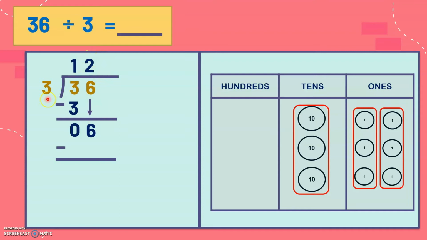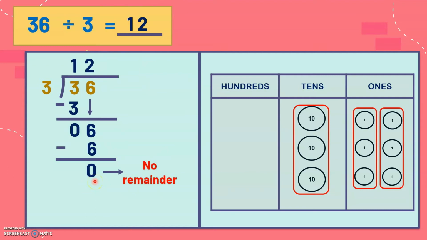So 2 times 3, the answer is 6. Then after that, 6 minus 6 is equal to 0. Now, my question is, do we still have to bring down another number? No. So, automatically, our answer will be 12. And there is no remainder because we have 0 here.